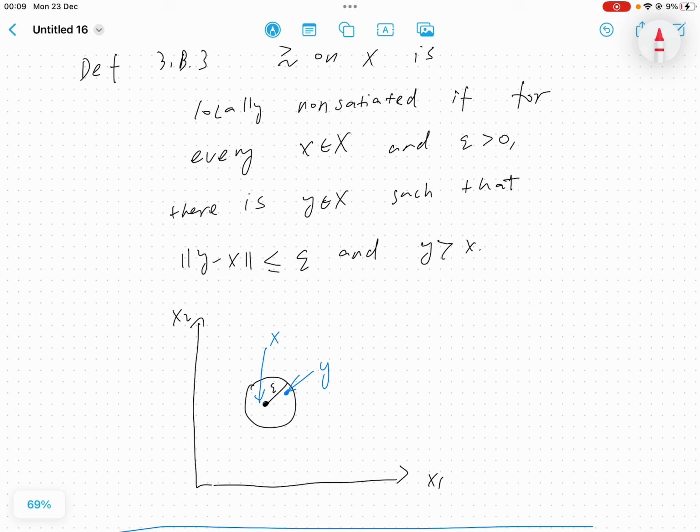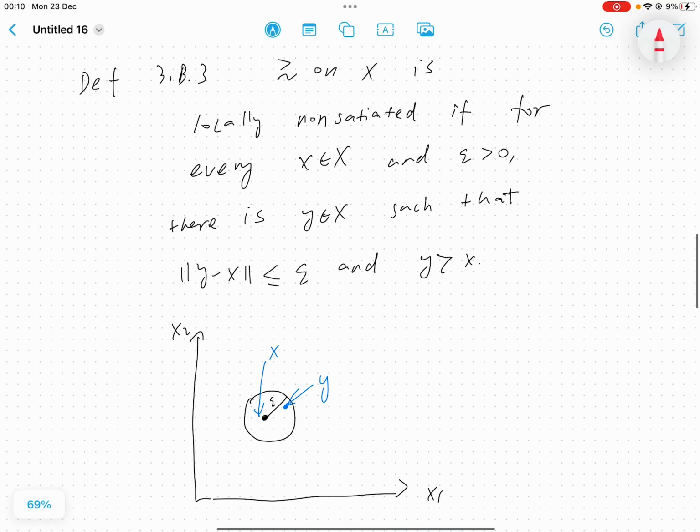Graphically, we have this little picture here to help us illustrate or understand this idea. So we have this space of consumption set with x1, x2, and little x and little y are just 2 points in this space. Little x is this black dot, and this y is this blue dot. Here this epsilon would simply be the radius of the circle with the center at point x, right?